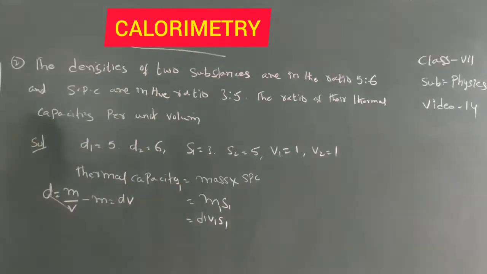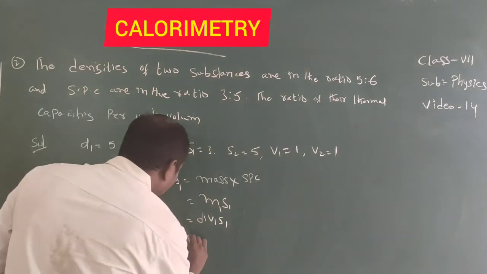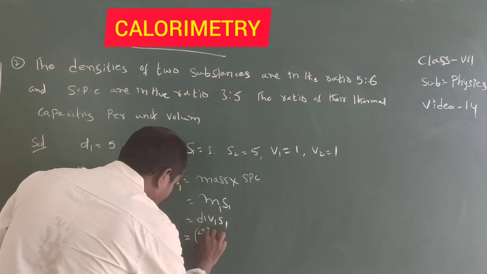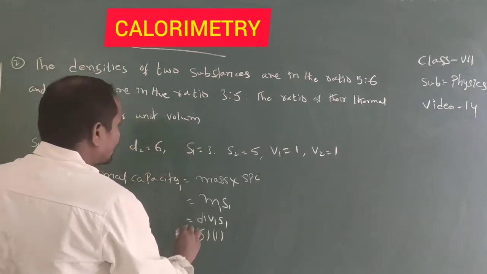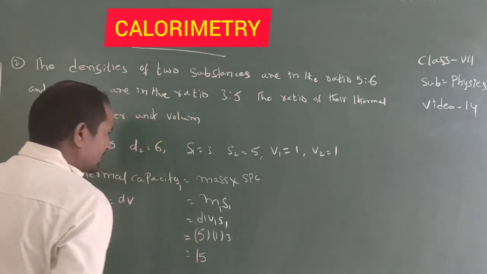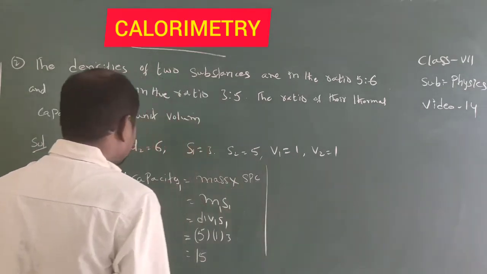It is the thermal capacity of the first substance. D1 equal to 5, V1 equal to 1 and S1 equal to 3. That equal to 15. It is the thermal capacity of the first one.